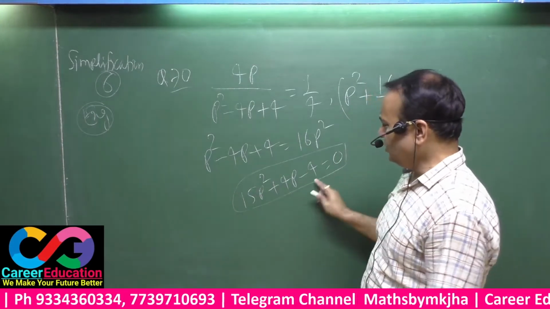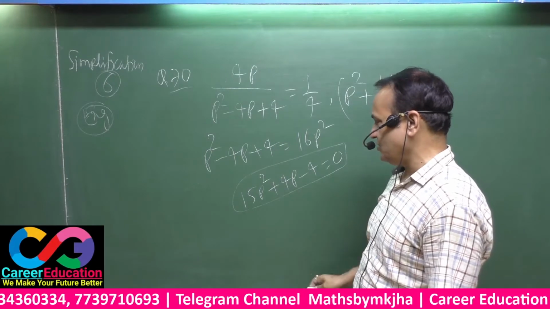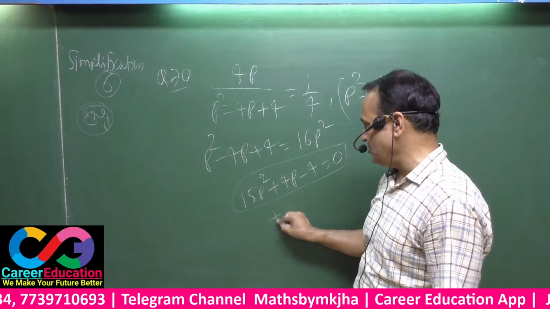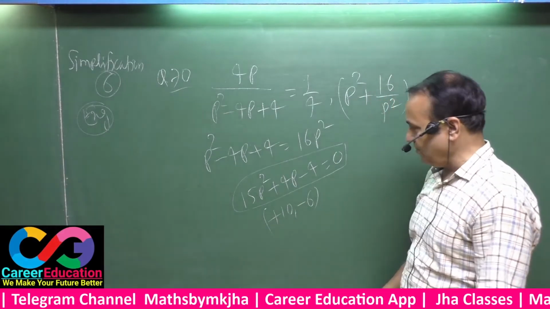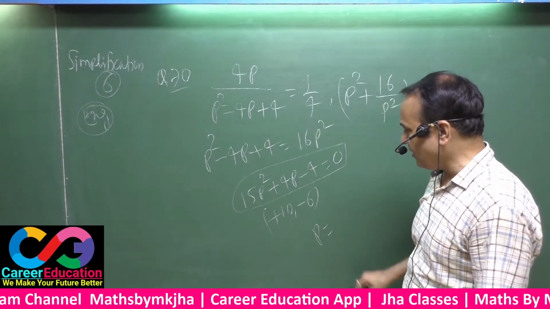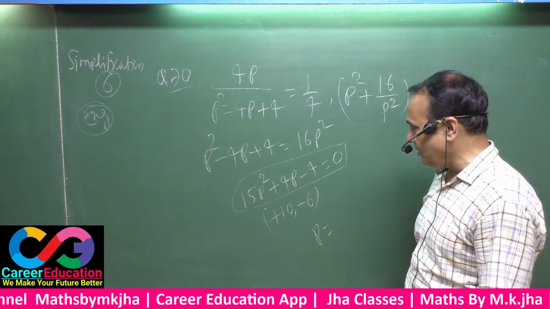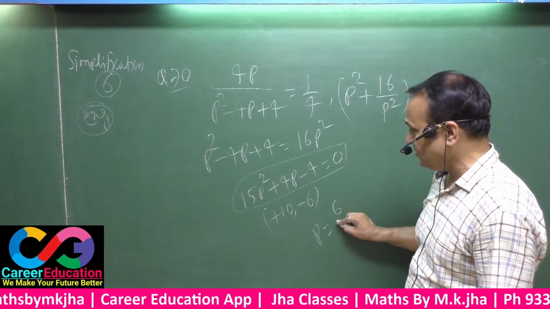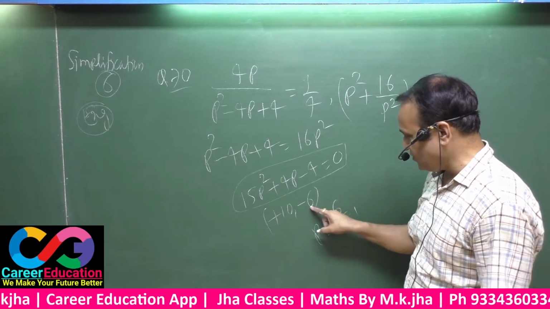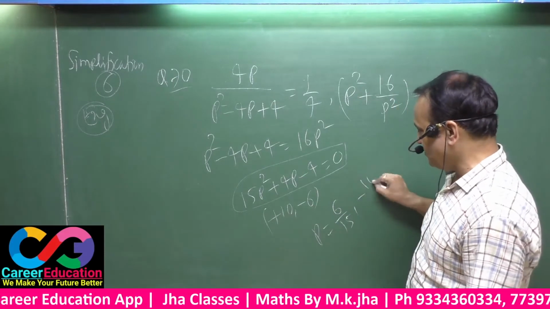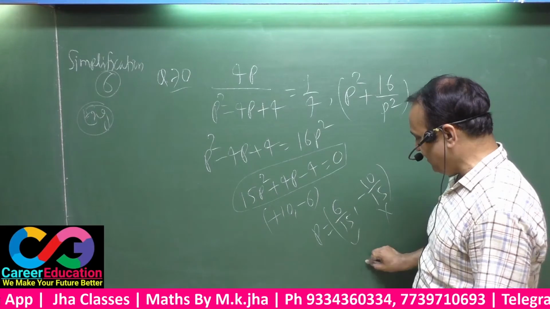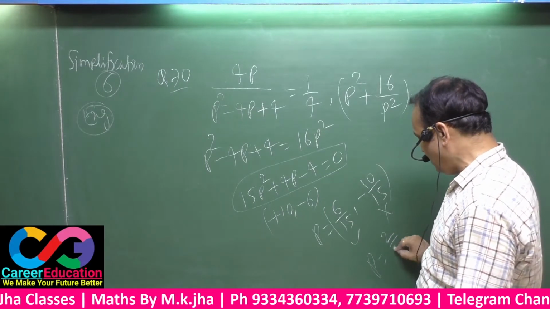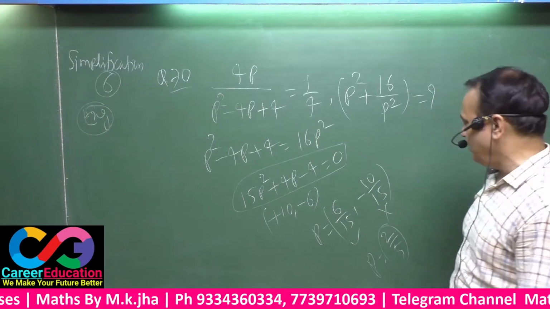See here, this is 60, 10, 6. This is 60, that means plus 10 minus 6. After multiplication, minus 60. That means you are getting the value of p here, 6 by 15 positive; the negative one must be ignored as the sign is negative here. This will be accepted. That means the value of p is like this.